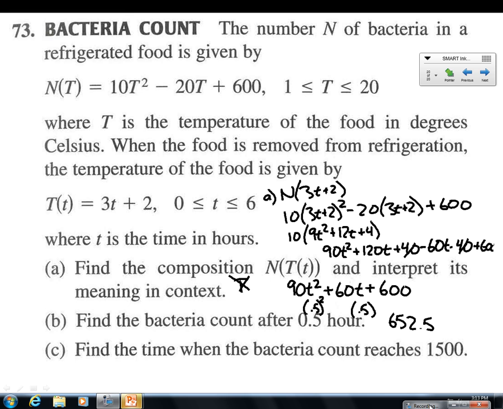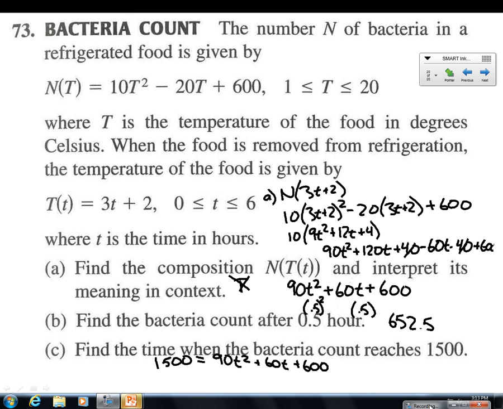Then find the time when the bacteria count reaches 1,500. So in this case, we're going to say 1,500 equals our whole formula, 90t squared plus 60t plus 600. Can we factor it? What's the most efficient way?